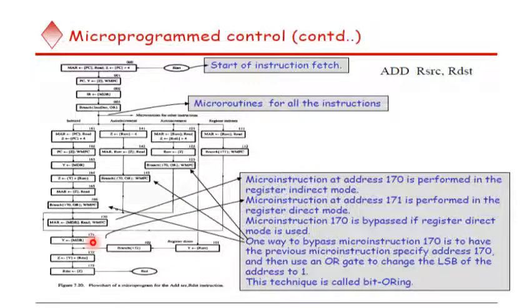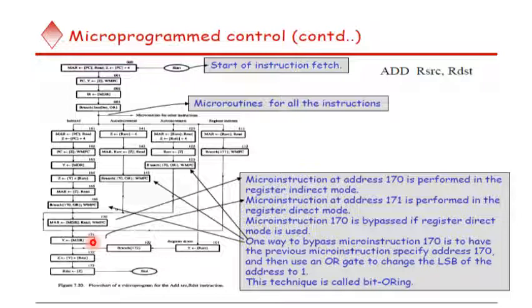The most effective way to bypass micro instruction 170 is to have the preceding branch micro instruction specify the address 170 and then use an OR gate to change the least significant bit of this address to 1 if the direct addressing mode is involved.